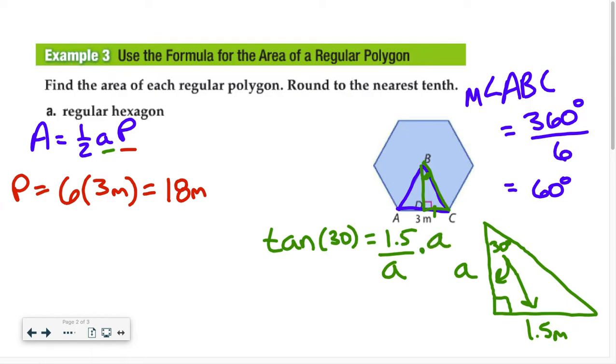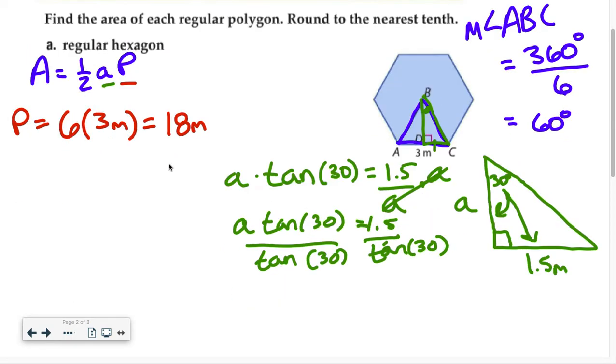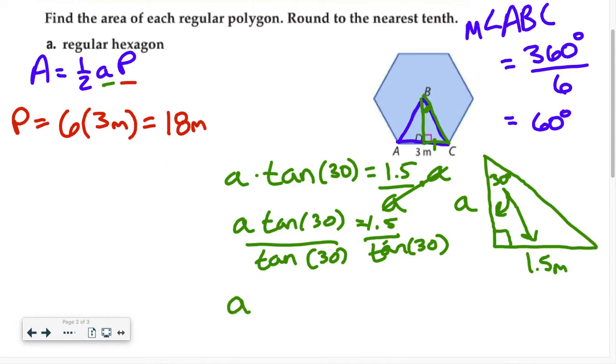All right, so that is a. Let's multiply both sides by a. So now I have a times tangent of 30 equals 1.5. Divide both sides by tangent of 30. Here we'll need our scientific calculators, of course. So this would just be 1.5 divided by tangent 30.